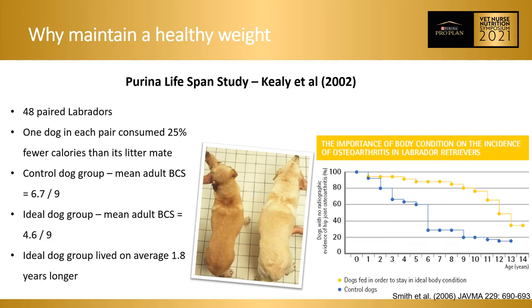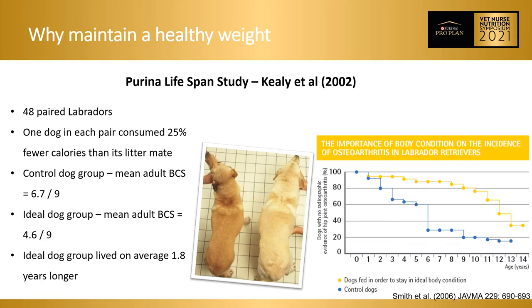And the ideal body condition score dogs also had delayed age-related changes in a number of their immune parameters as well. So again, another key message, we could really see from this study that maintaining an ideal body condition extended lifespan, and also reduced those incidences of significant diseases.